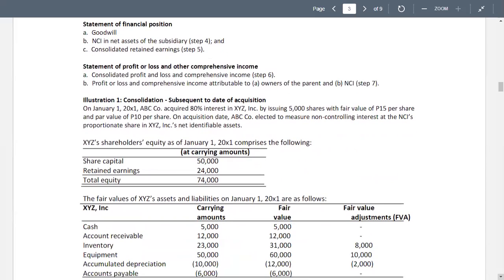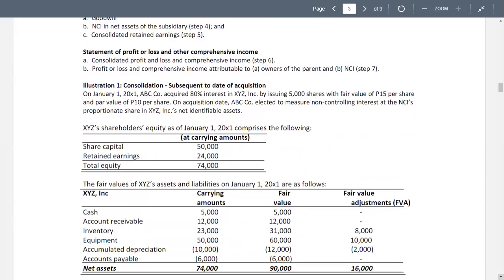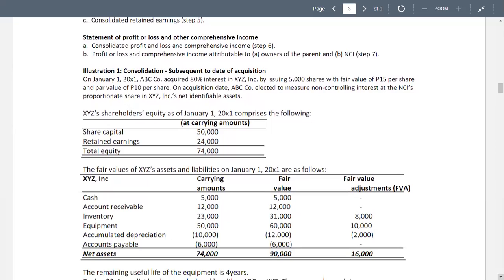Now, the fair values of XYZ's assets and liabilities on January 1, 2021 are as follows. XYZ is the subsidiary. We have the carrying amounts, the fair values, and the fair value adjustments or the FVA. Cash, no adjustment, accounts receivable, none.